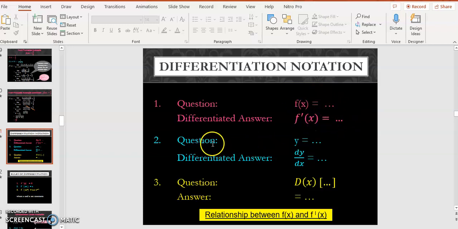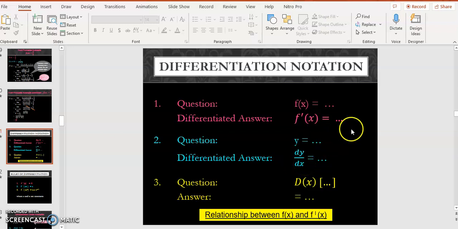Then if the question is also given this way, y is equal to, let's say, 2x squared plus 3, find the derivative. Another way they can put the question: if y is equal to 2x squared plus 1, find dy dx.